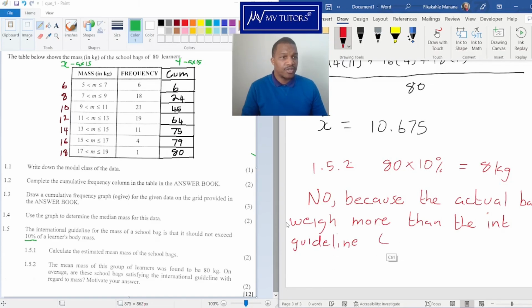And then you can put there 10.675 kg is actually bigger than 8 kg.